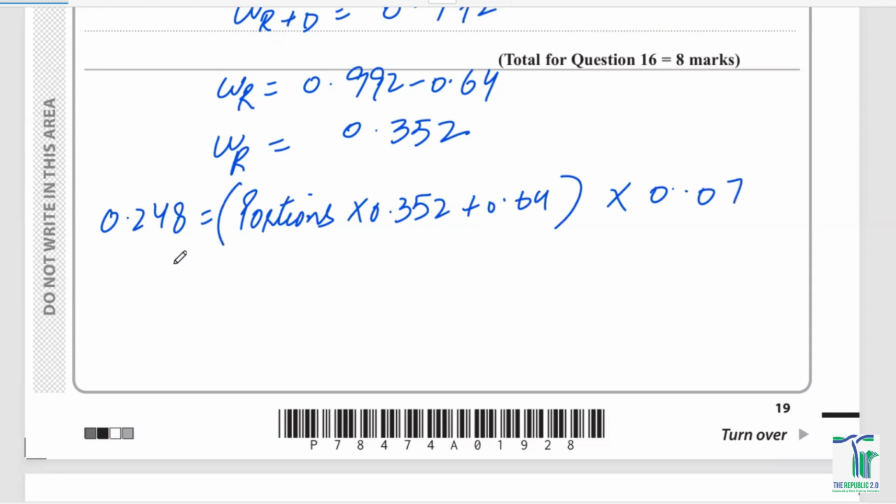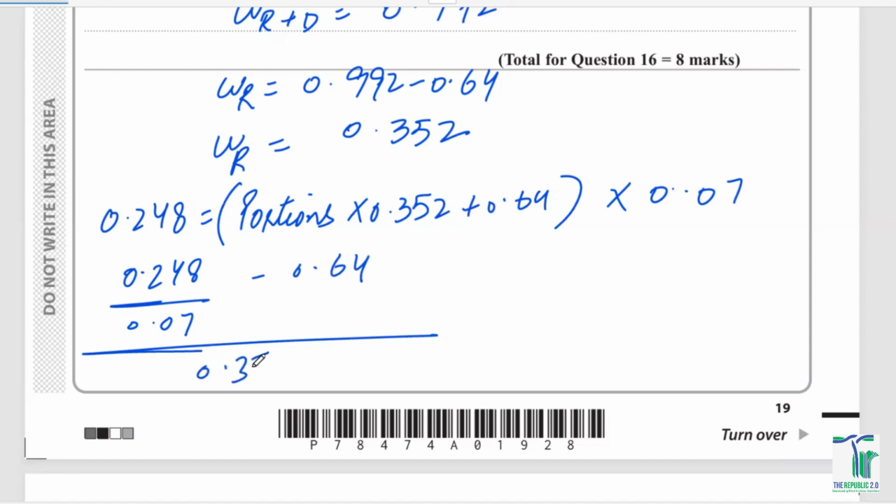So by sorting it out, 0.248 divided by 0.07 minus 0.64, divided by 0.352, and you'll get the portions of rice that you can add on that dish.